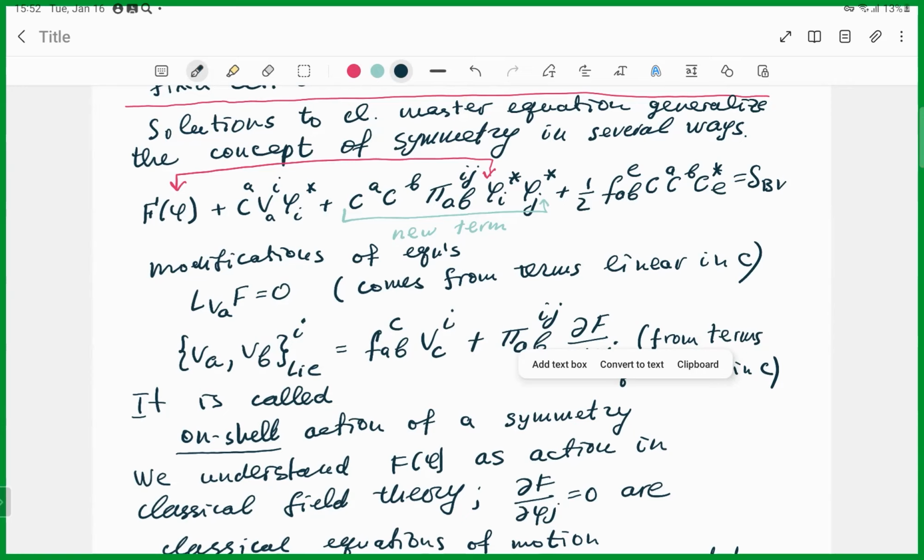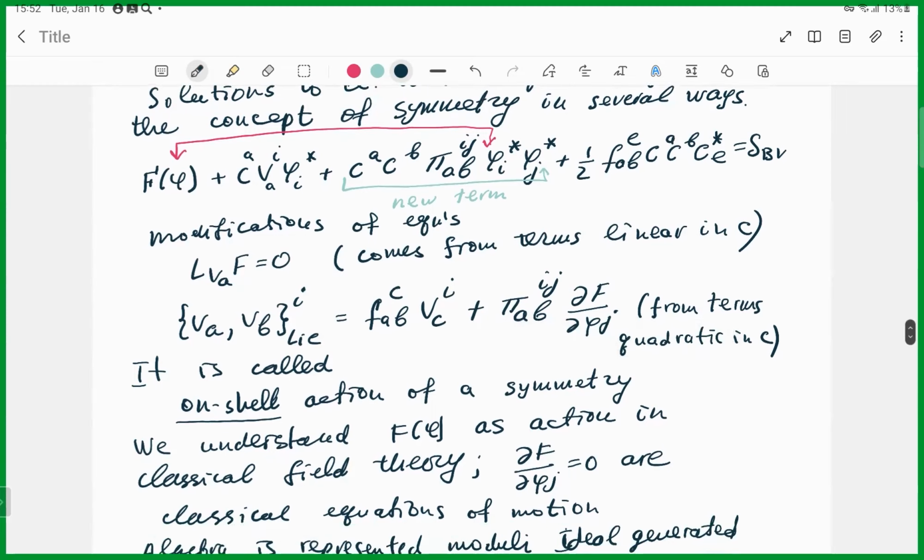It is about so-called on-shell closure. So using this term, we may say exactly how symmetries commute.